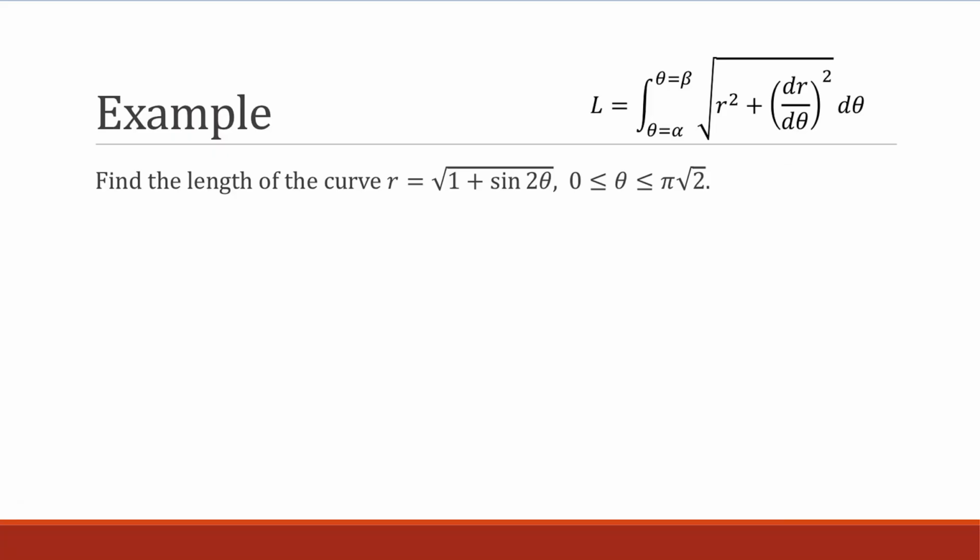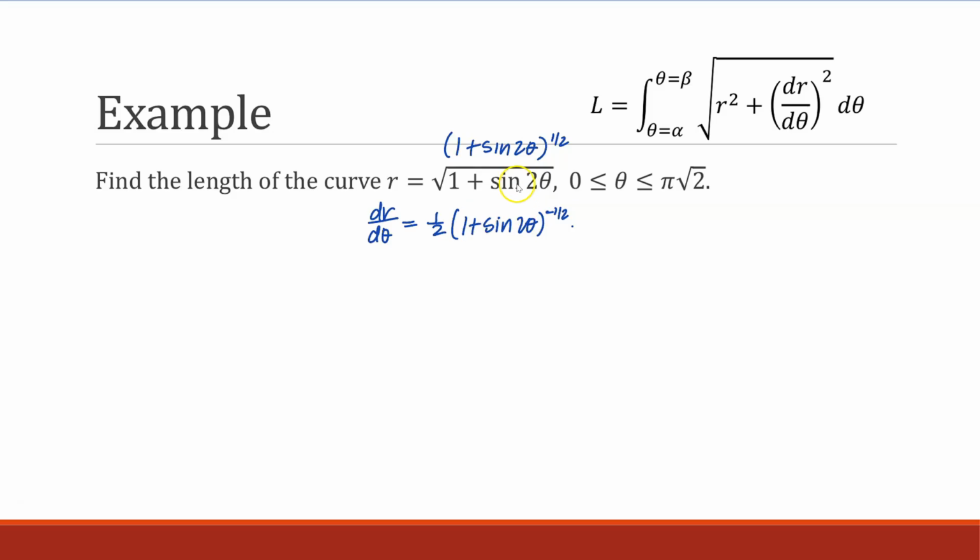So here we know we're going to have to find dr d theta, so let's just go ahead and do that now. So dr d theta, the derivative of r with respect to theta, will require the chain rule here because this is 1 plus sine of 2 theta all to the 1/2. So we're looking at 1/2, 1 plus sine of 2 theta to the negative 1/2 times the derivative of the inside.